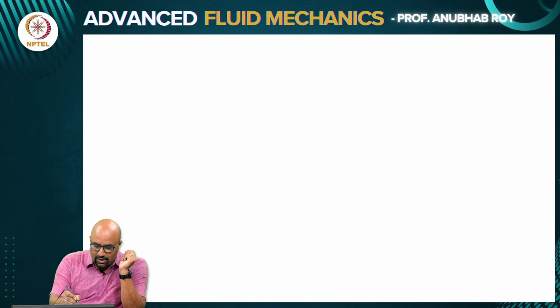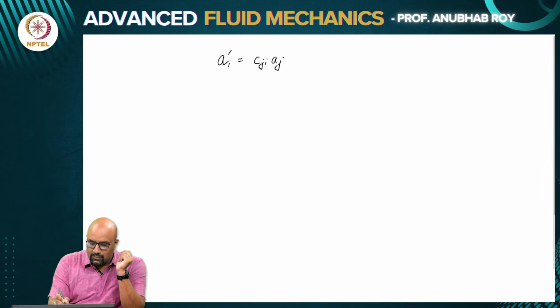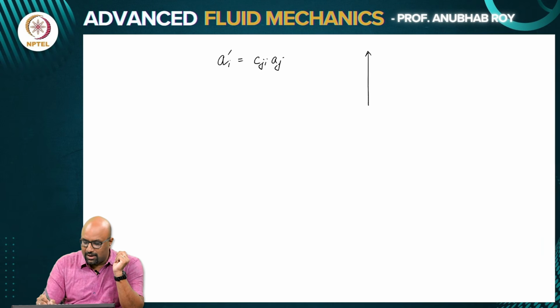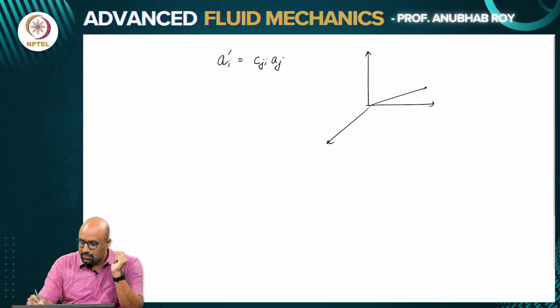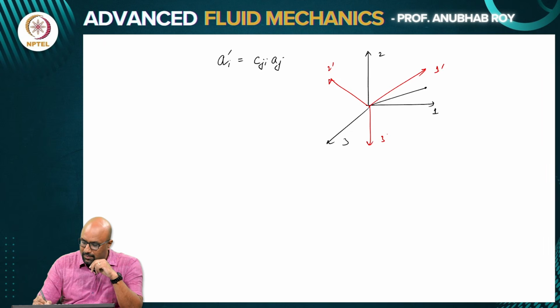For vectors we already saw the relation: I have a vector that is defined in a coordinate system 1, 2, 3, and now I have 1 prime, 2 prime, 3 prime.